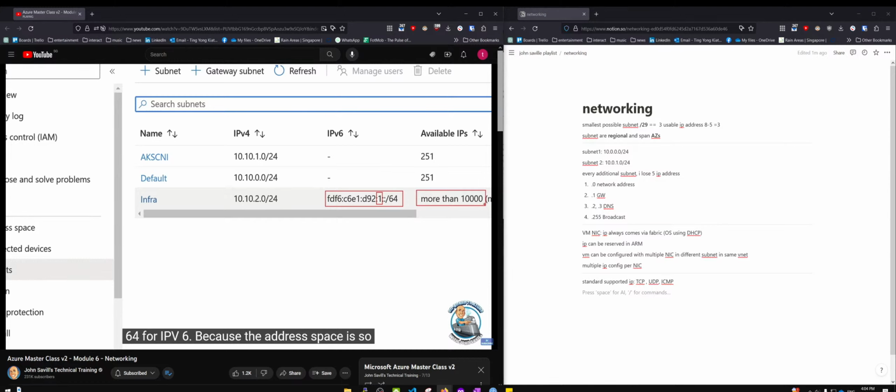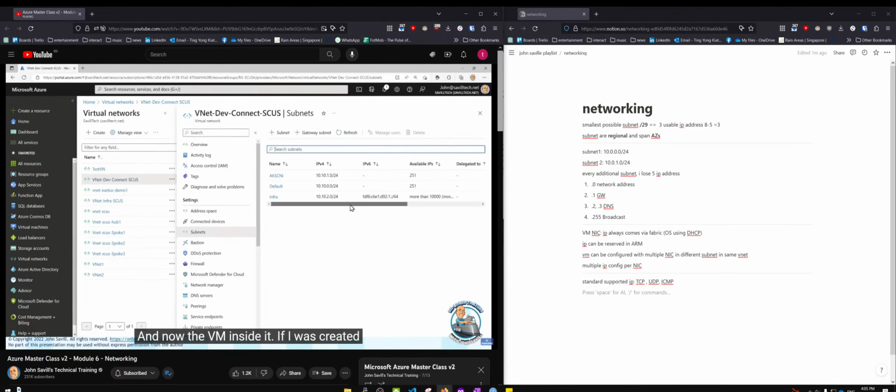It's always a /64 for IPv6. Because the address space is so big, I don't ever have to worry about trying to make a subnet some weird /27 or /20. We just make it a /64. It guarantees it's going to work with all different types of routers and devices, and there's such a big IP space, I don't worry about it. It guarantees future compatibility. So it's always going to be this /64 for the subnet. It won't let you do anything else. And there's just so many IP addresses.